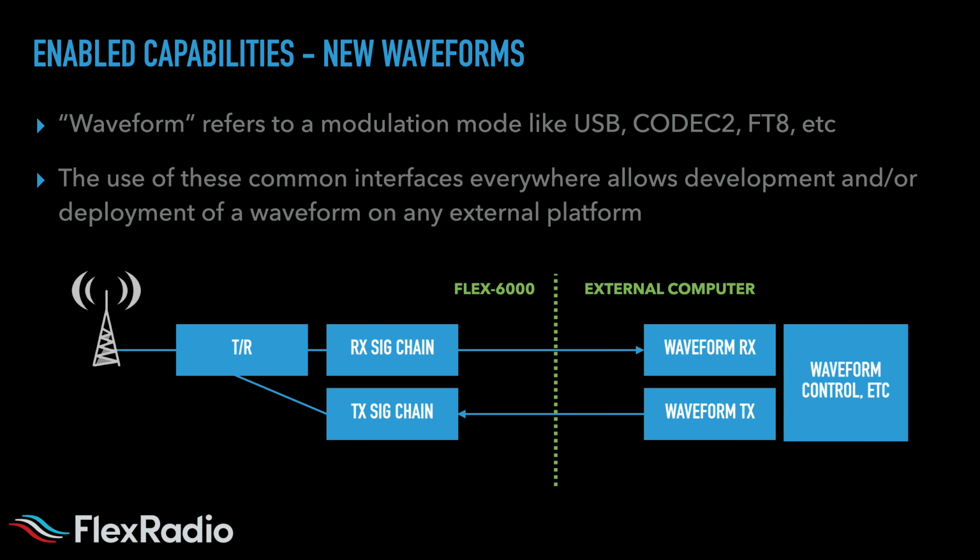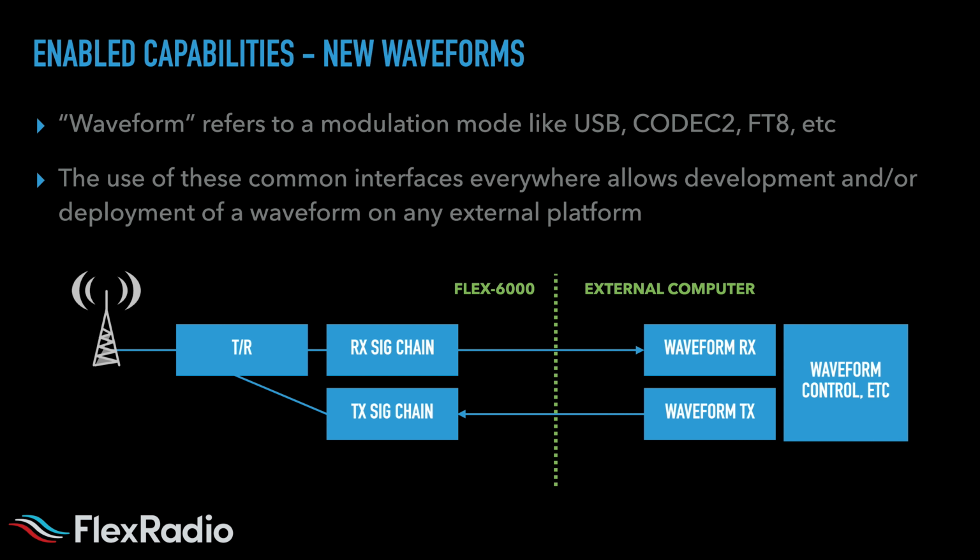So I've talked a little bit about waveforms and what those are and what the benefit can be. So for us, a waveform refers to any external modulation means, it could be anything, upper sideband, Codec 2, FT8, any of those things are waveforms. And we allow this common waveform interface to run outside the computer or inside the radio, or outside the radio or inside the radio, so that you can add additional waveforms to the radio.